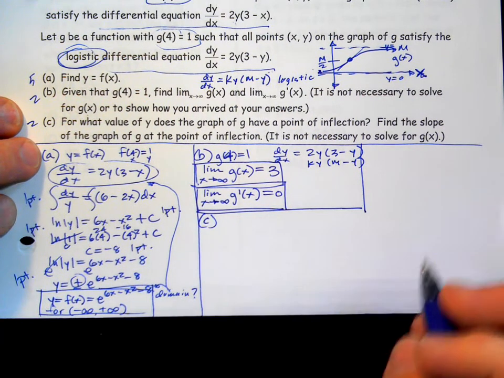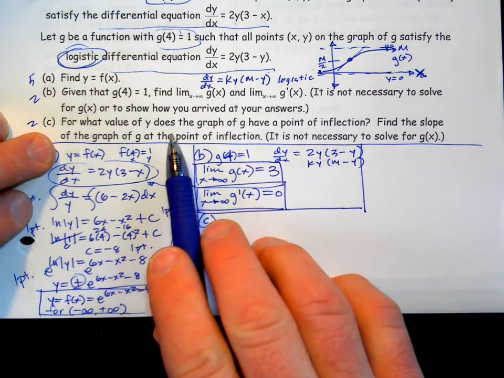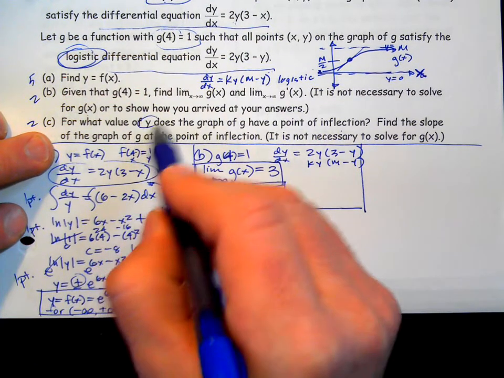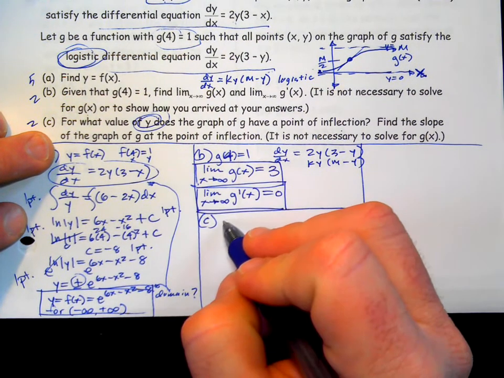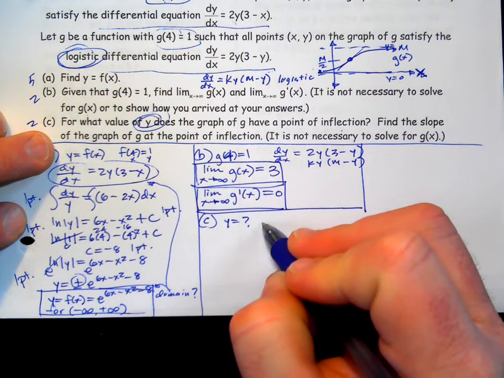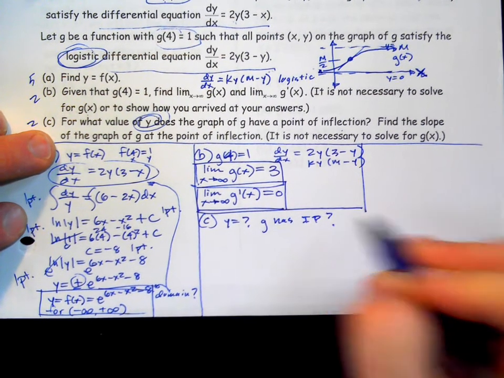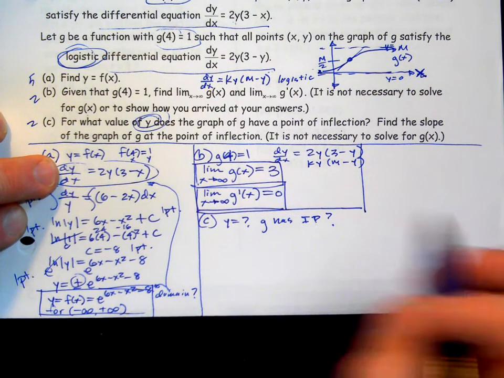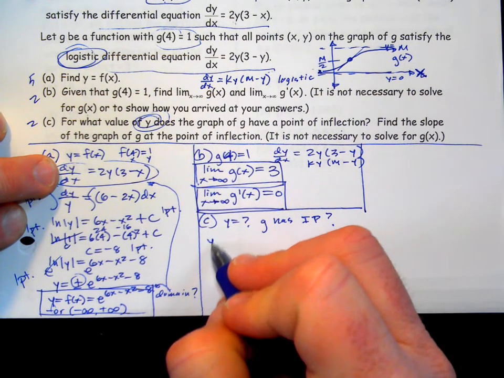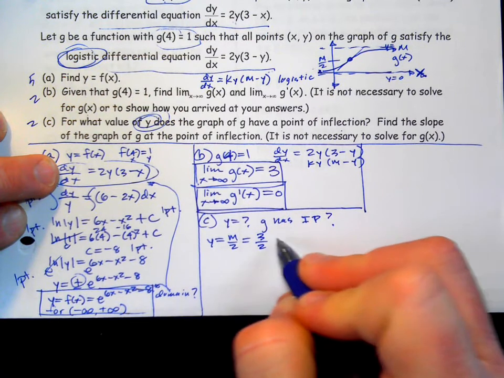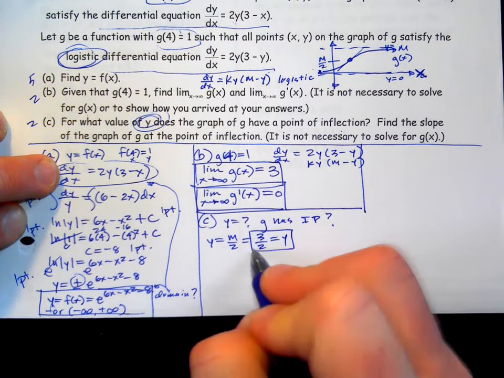Quick, easy. Part C: for what value of y does the graph of G have an inflection point? We know what value of y, which makes it easy. That happens at half the carrying capacity, so y equals 3 halves. So that's the y coordinate.